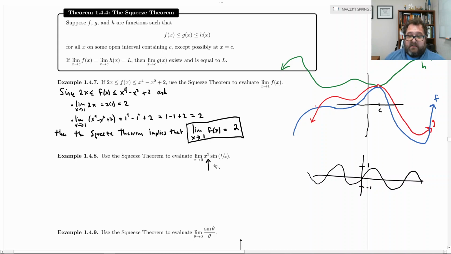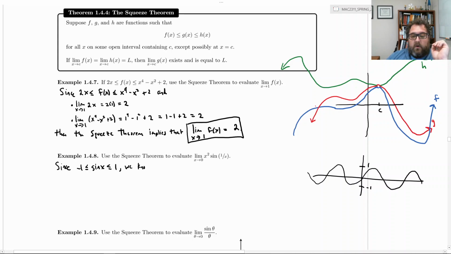So my point is that the fact that we can say, since -1 is less than or equal to sine x is less than or equal to +1, that's what we know from trigonometry class.